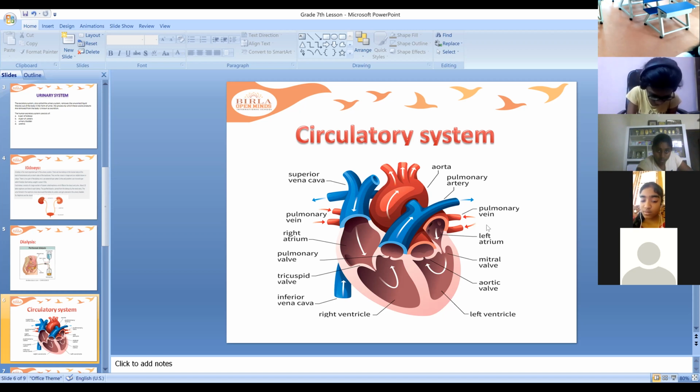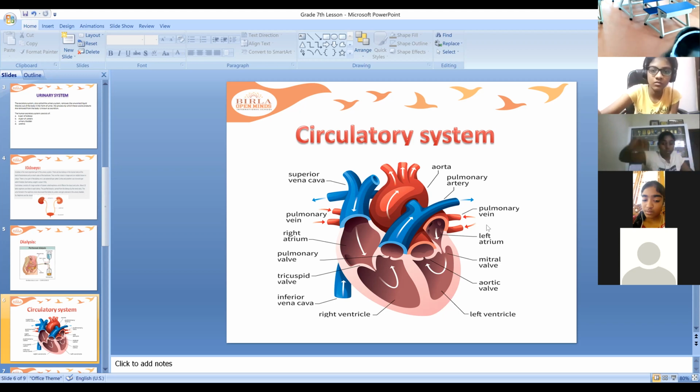The blood vessels, children, comprise the arteries, capillaries, and veins. And blood, you all know what blood contains. Blood contains plasma, red blood cells, white blood cells, and platelets, which you call WBCs and RBCs. I hope you all have heard about WBCs and RBCs.